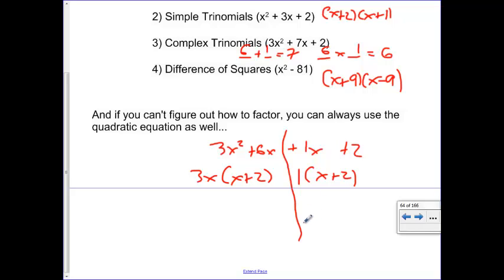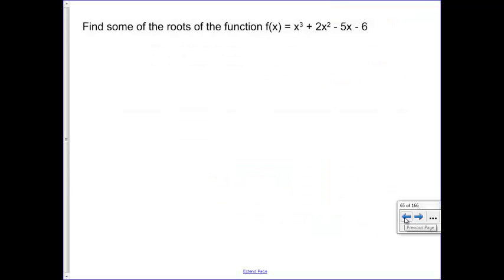So then my question is, I don't care so much what the answer is for roots. What are the factors? X plus 2 is one of them, and 3x plus 1 is the other one. You guys recall that? Okay, so just a reminder then, this sort of factoring, we still have to be able to do that stuff as well.